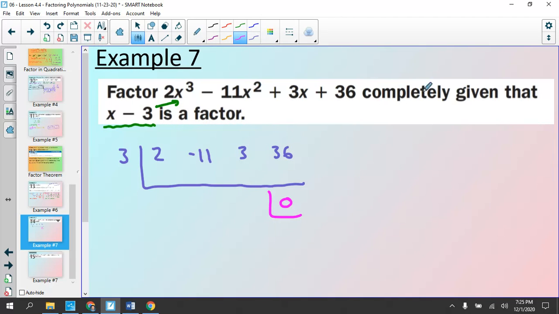Because it told us that given that this is a factor, this goes in here. So let's confirm it. 2, 3 times 2 is 6, negative 5. Let's see, negative 15, negative 12, and then 3 times negative 12 is negative 36. Yeah, look at that. Fortune teller. Okay, we just did that. So what? All it did was confirm that this was a factor.